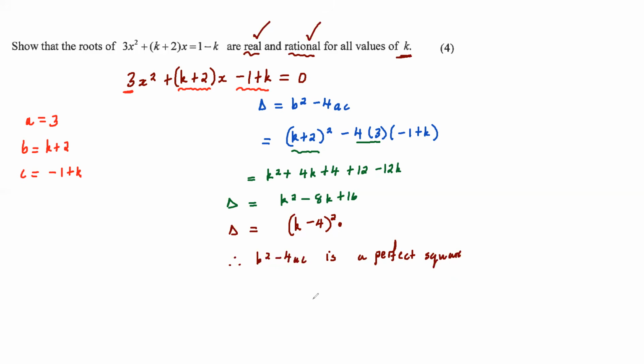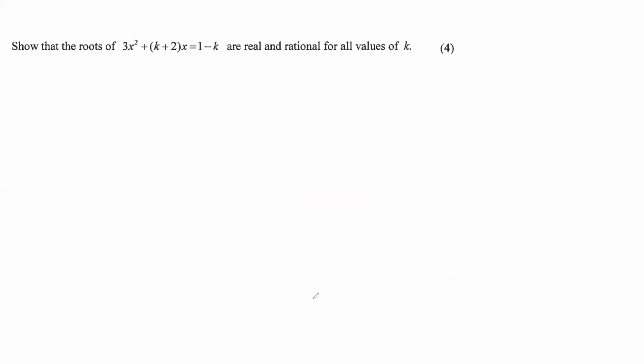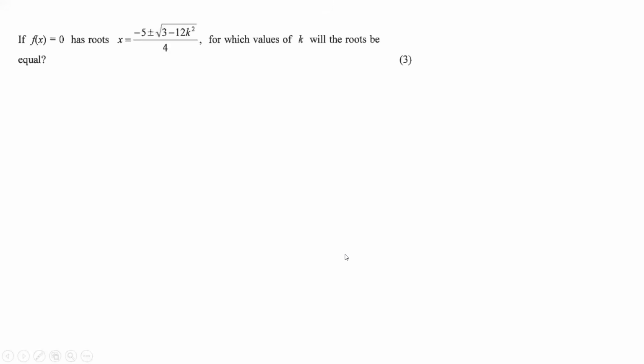All right, perfect. That's our first question. Let's try something else as well as we're going along. Here's another question. It says, if f of x is 0 has roots of this one here, for which values of k will the roots be equal?